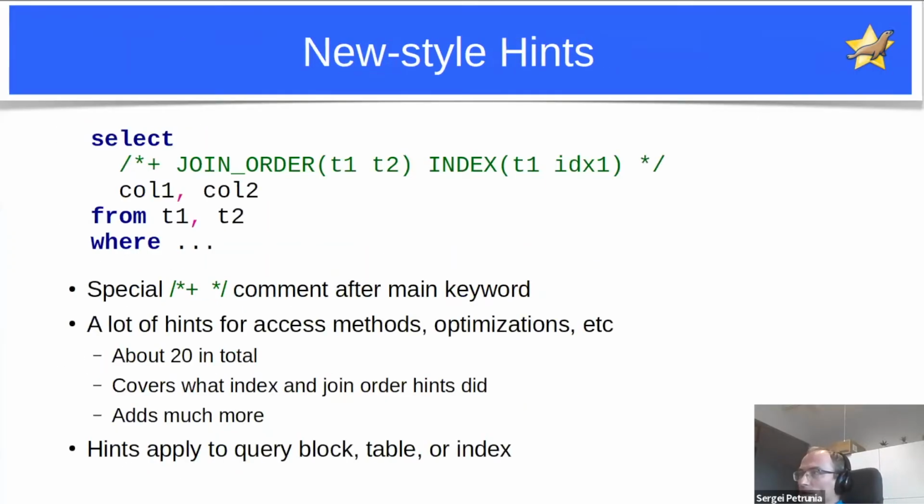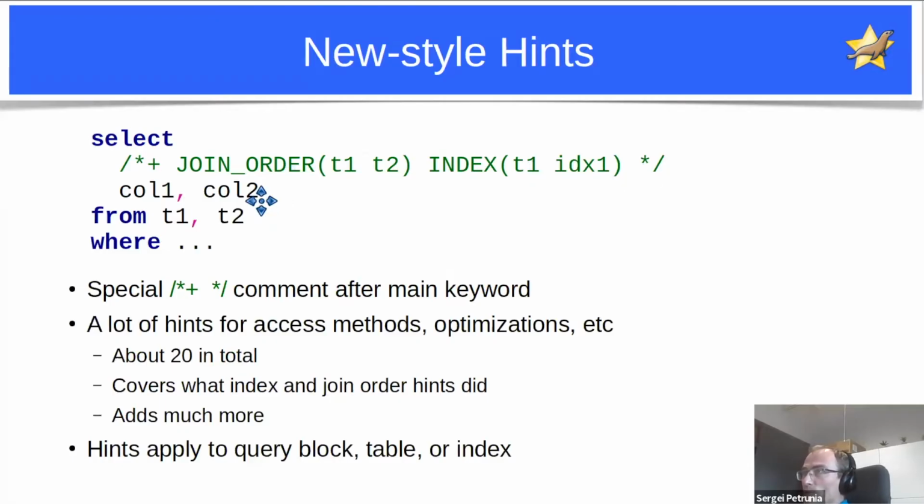New style hints look like this, here in green. There is a special comment after the query's main keyword, be it SELECT, UPDATE, DELETE, or whatever. This is a comment with a plus sign, and there you describe with several hint directives what you want to do.